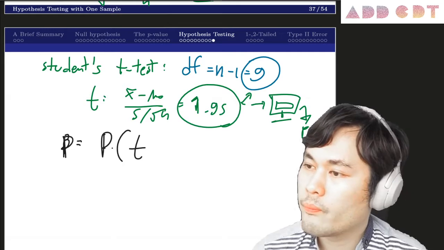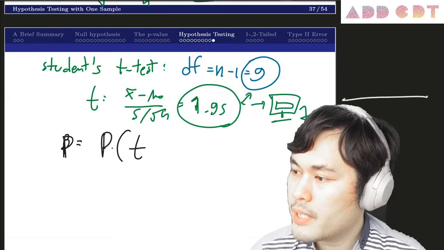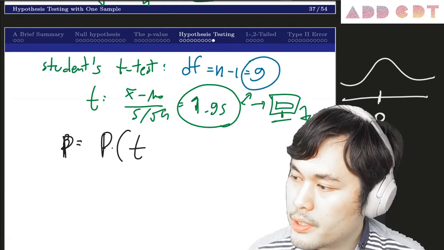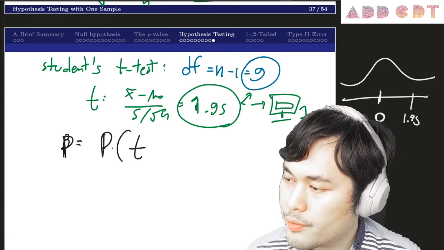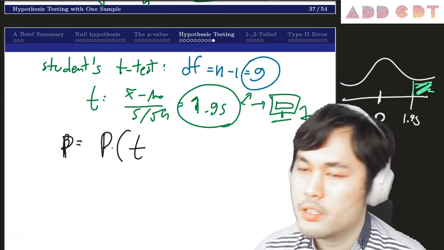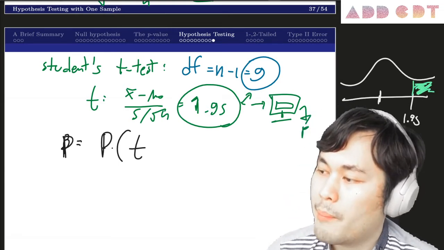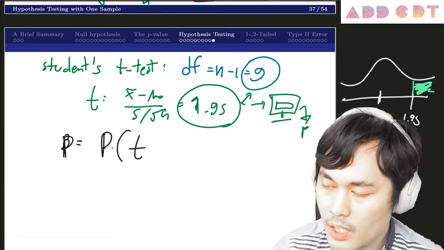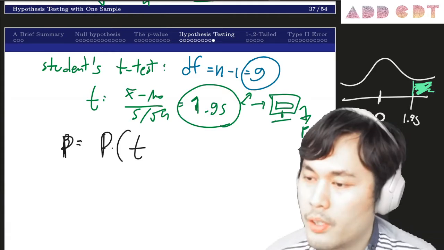So that means it's supposed to be this curve instead, right? The center is 0. This t is 1.95. We are trying to determine whether it is too far away from the center. By that we mean we want to compute the area, and see if the area is too small or not.